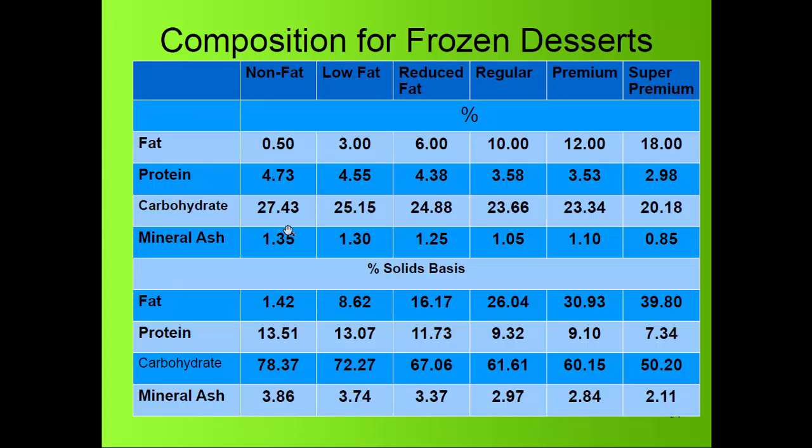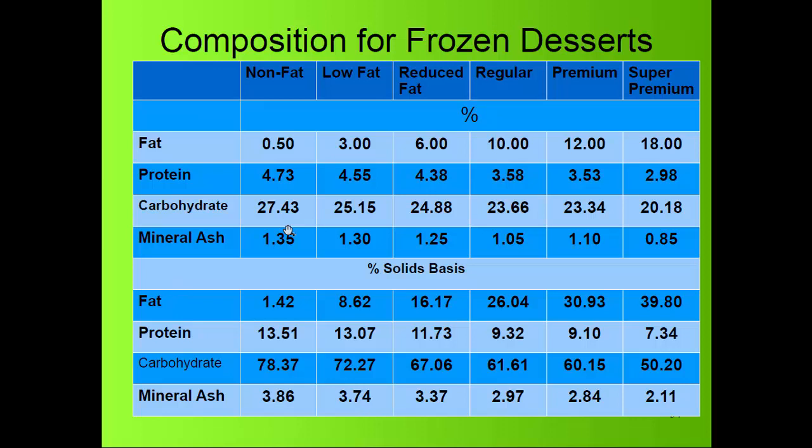Another way of looking at this is we'll look at the fat, protein, carbohydrates, and minerals and what the percentage is. If we look at non-fat, there's 0.5% fat, about 4.73% protein, and carbohydrates about 27%.